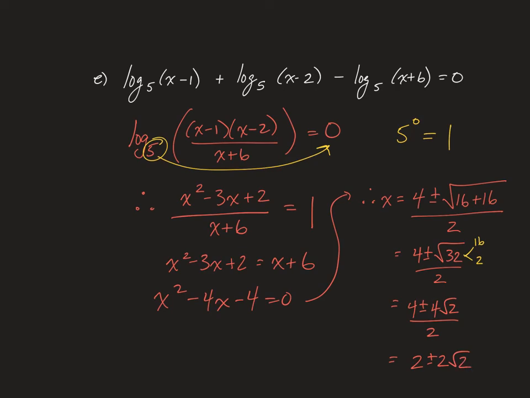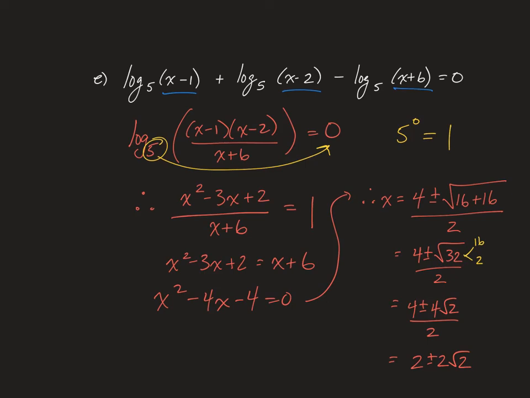Again, take a peek. Can we accept both of those solutions? I take a look at the 2 plus 2 root 2, and I'm going to take 2 and I'm going to add on a bit. Well, if I take 2 and add on a bit, then I will have a value that will give me a positive in the first, a positive in the second, and a positive in the third. My 2 plus 2 root 2 is a valid solution.